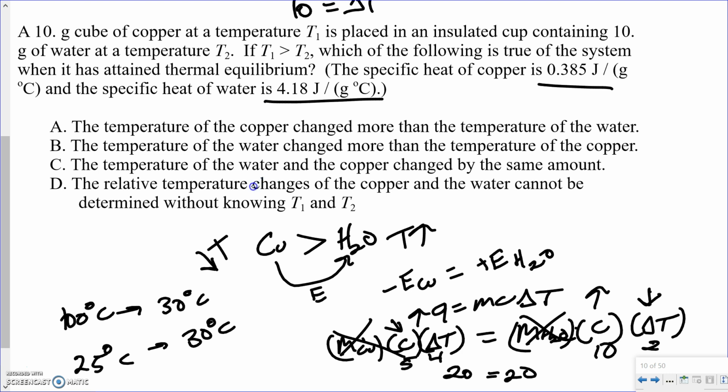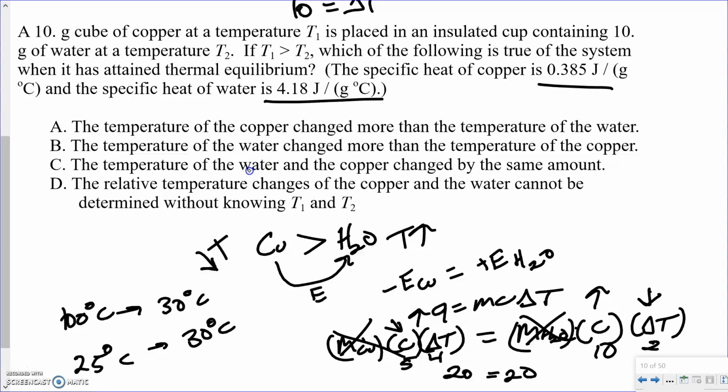Well, what does heat capacity mean again? It's the amount of energy required to change the temperature of a substance by 1 degree Celsius. So if you've got a really low specific heat capacity, that means very little energy is needed to change the temperature by 1 degree. Versus water's got a very high specific heat capacity, so it takes a lot more energy to change its temperature by 1 degree.